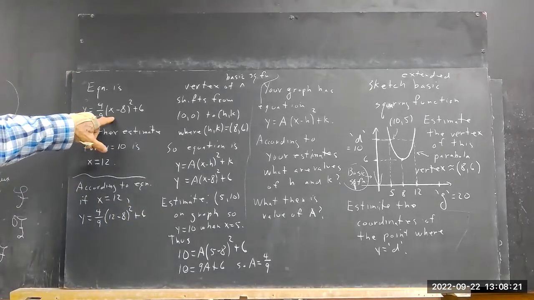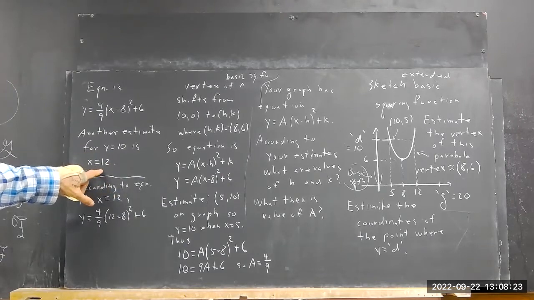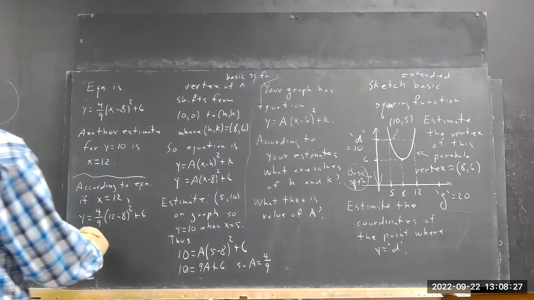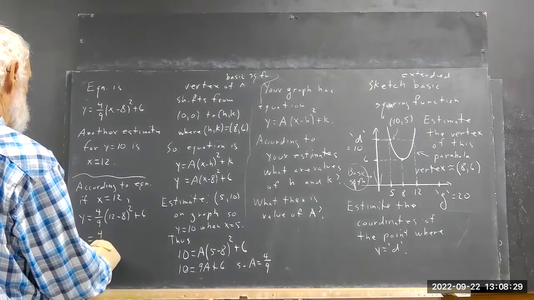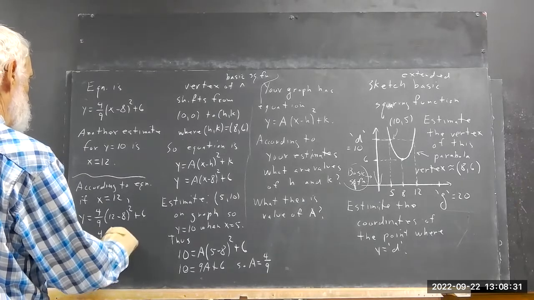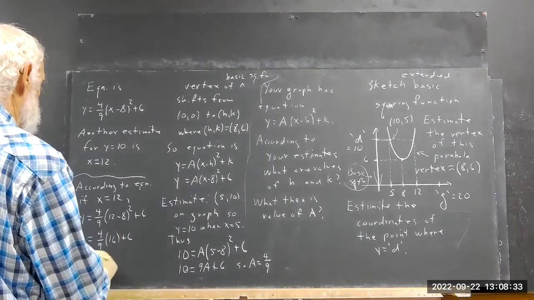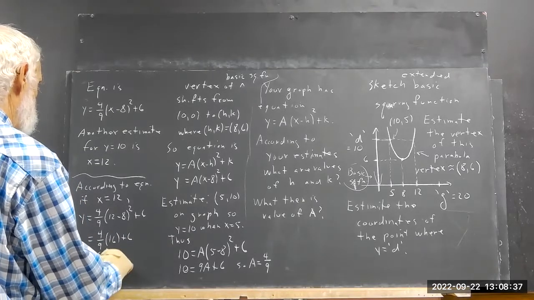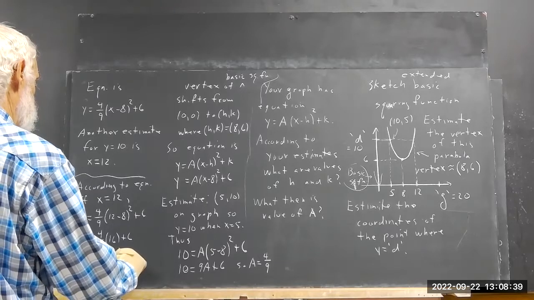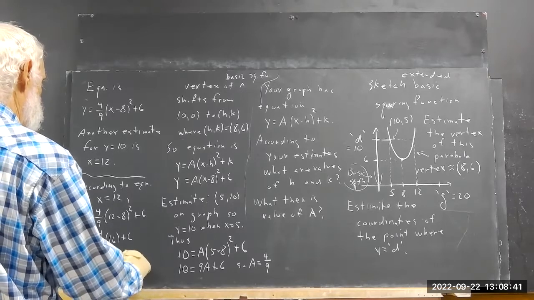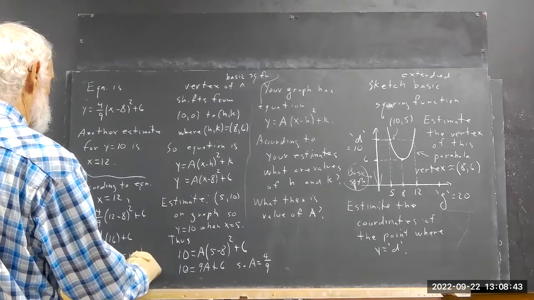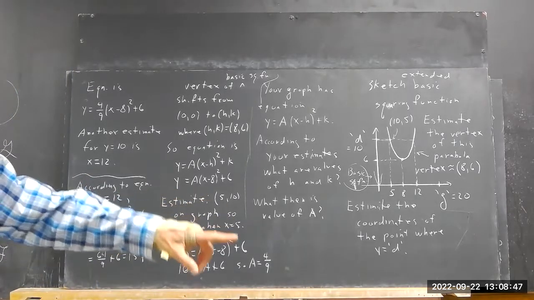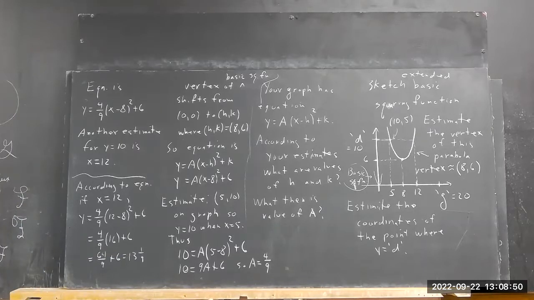According to our equation, if X is 12, we get this, right? That equals 4/9 of 16 plus 6, which is 64/9 plus 6, which comes out 13 1/9, not 10. Okay.